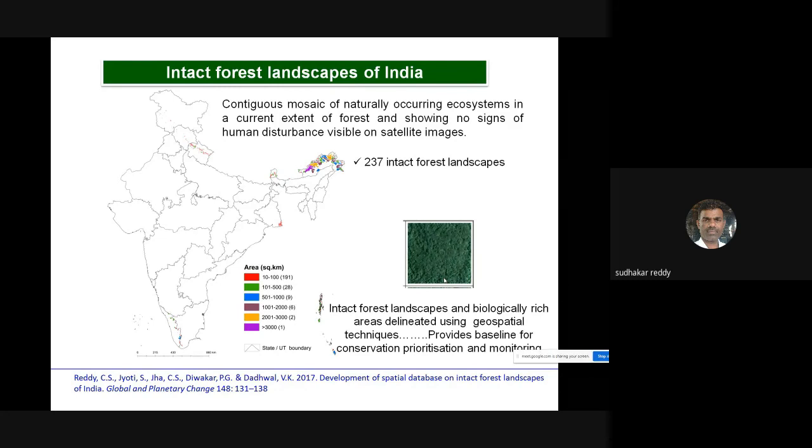There is also a patch of Sundarbans mangrove, which has not shown any kind of negative habitat change towards the Bangladesh part of India. So this is also one of the unique inputs in identifying the intact forests, and that will help us in discovering new species of plants as well as animals.